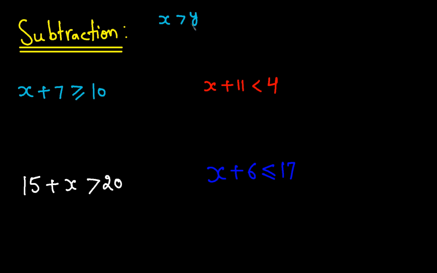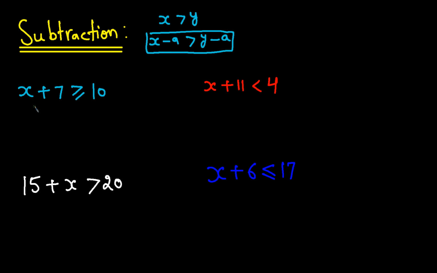So if we subtract the same number on both sides, let's say I'm subtracting a from both sides, then it produces again an equivalent inequality. Okay, so we're going to use this property to solve these problems over here.